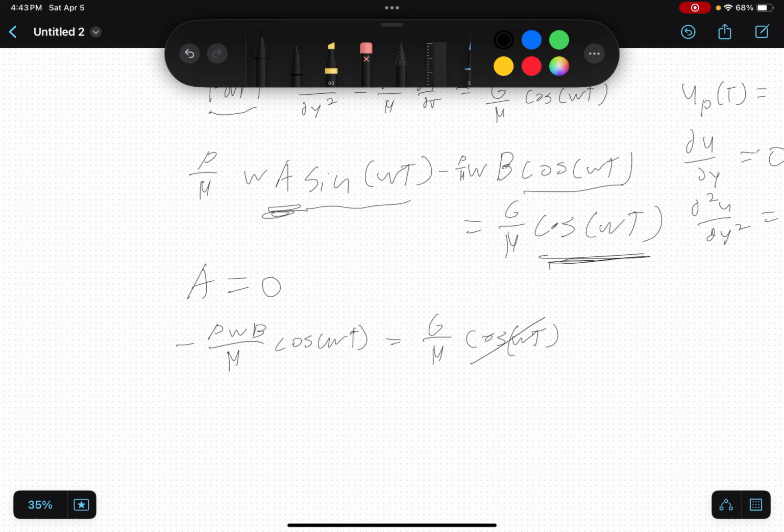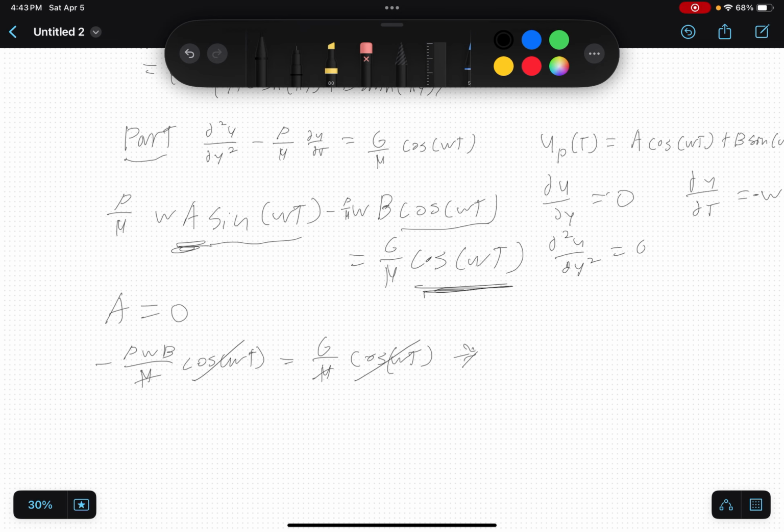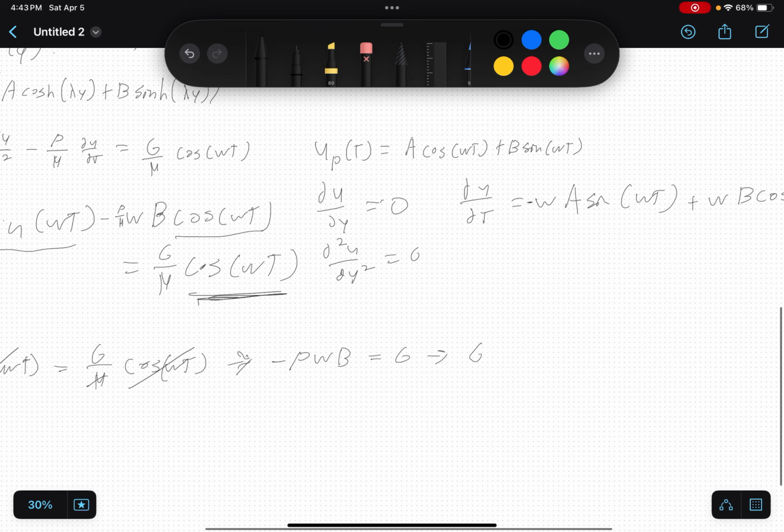We cancel out those. It's an arrow, it's supposed to be an arrow. Negative, I don't even need to write it high. I'm solving for B.